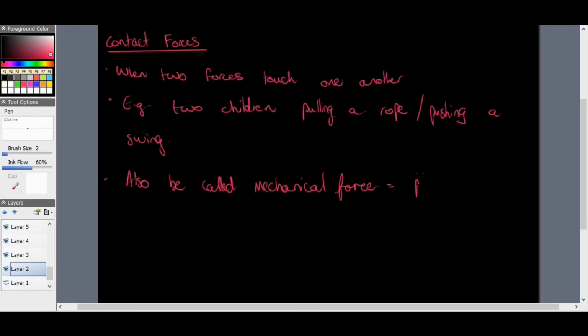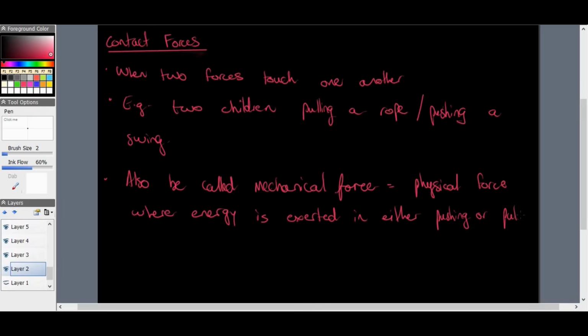Physical force, the definition there, where energy is exerted in either pushing or pulling. If a lever is used to move something heavy, it is also called a mechanical force.